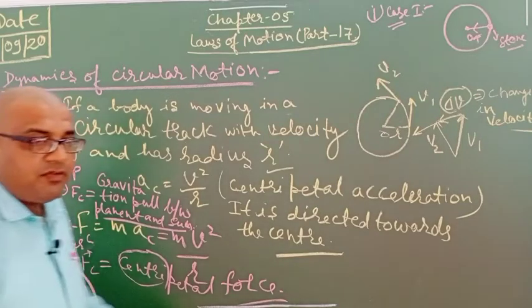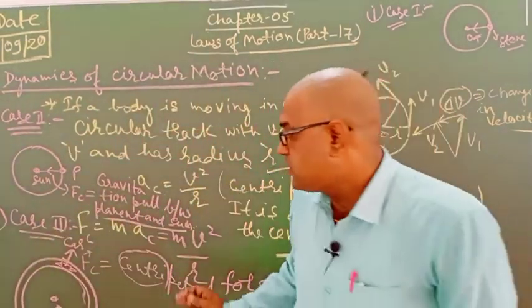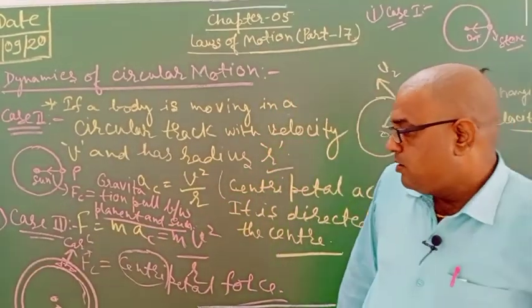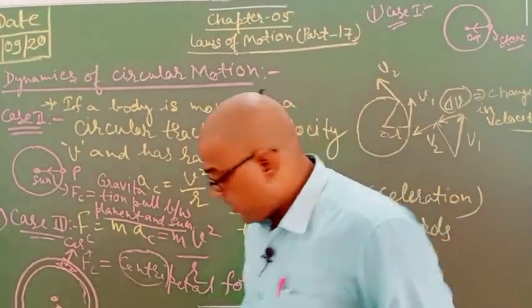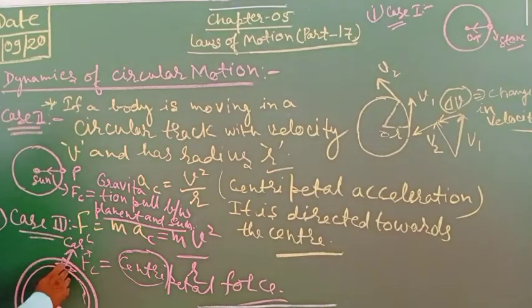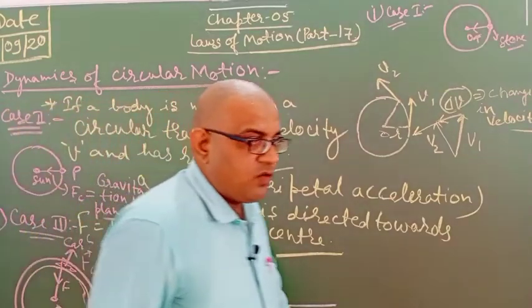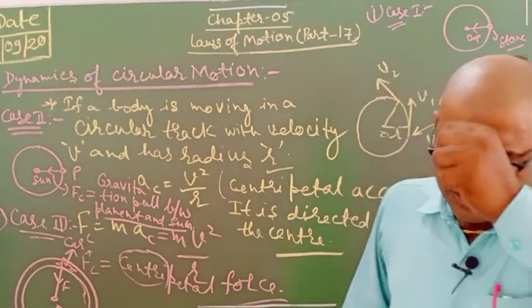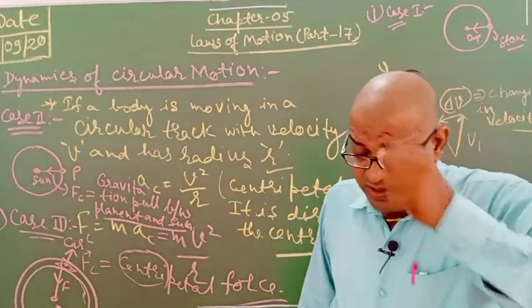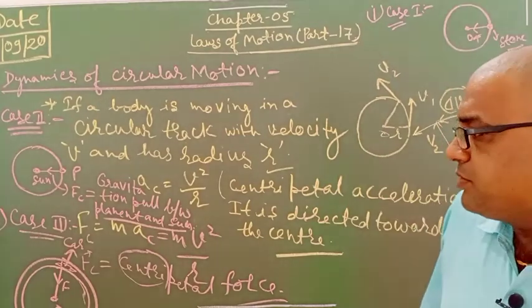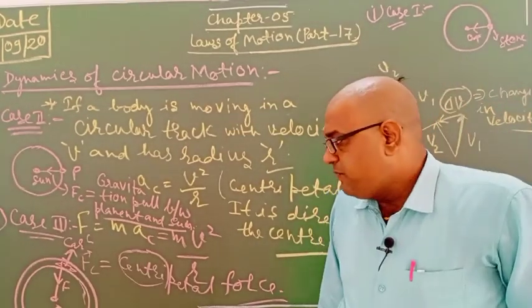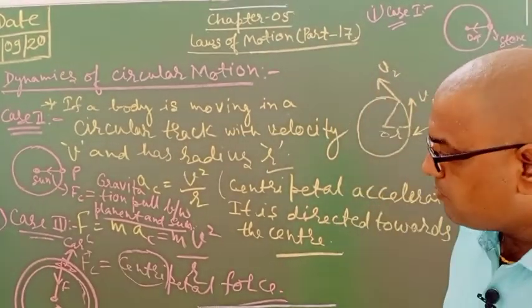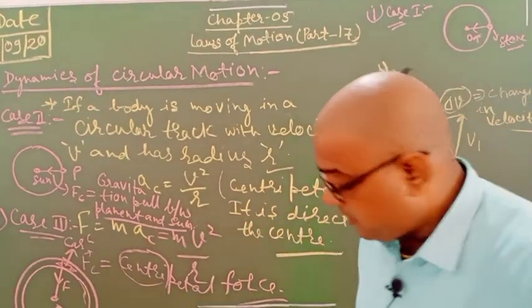So the centripetal force for providing the circular motion of the car on a circular track is provided by the force of friction between the tire and the road, which acts as the centripetal force for the motion of the car on the circular track.